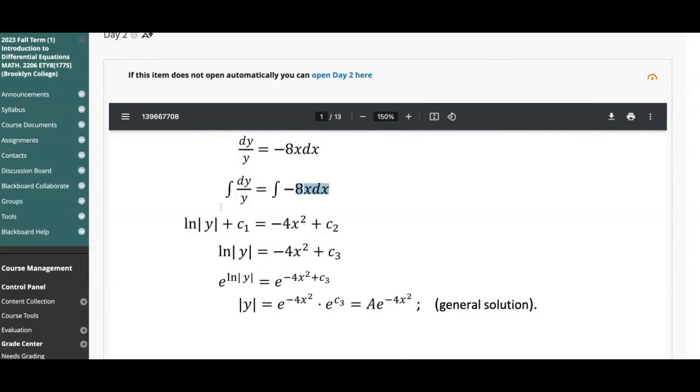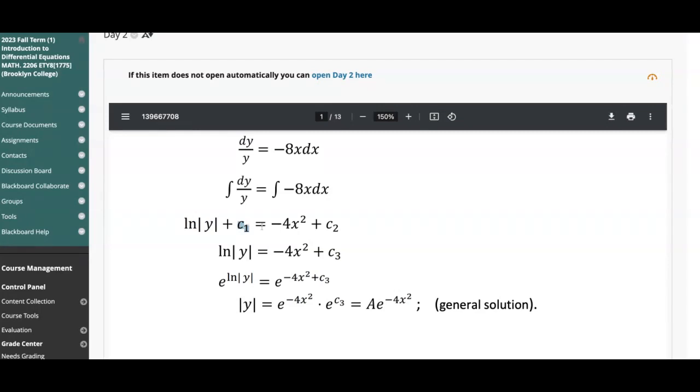Well, 1 over y, integrated, we get ln of y, but for log functions the domain has to be positive. So that's why we put absolute value around y, just to force y to be positive.